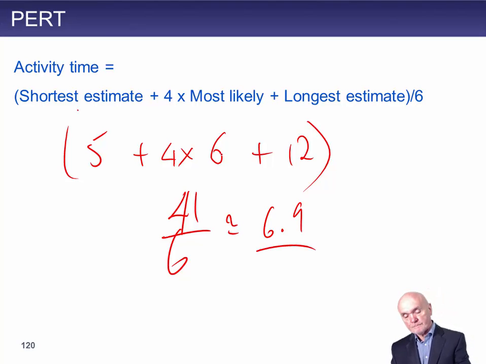So instead of putting 6 days in there on the critical path analysis, you put 7 in there. What it allows you to do is to move that estimate around a little bit, taking into account, particularly, the longest worst case.